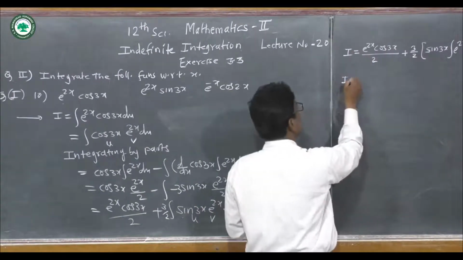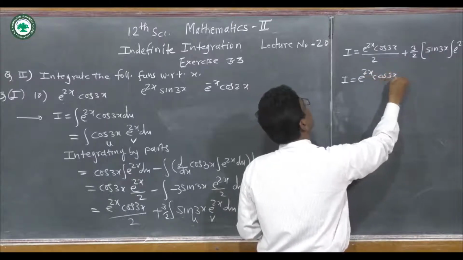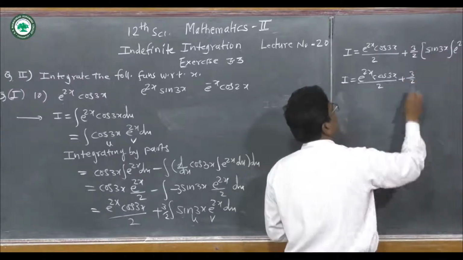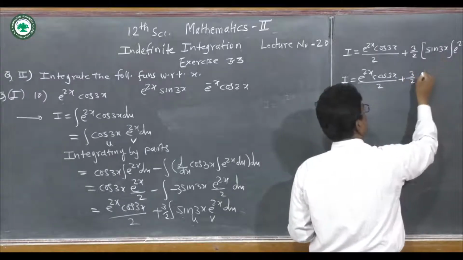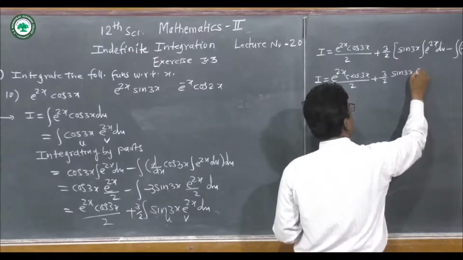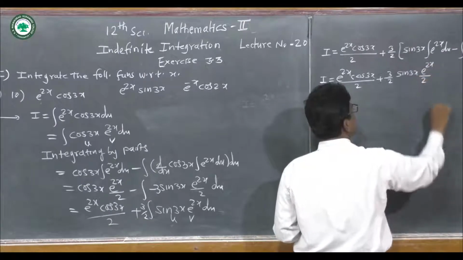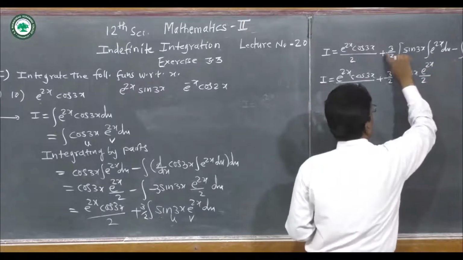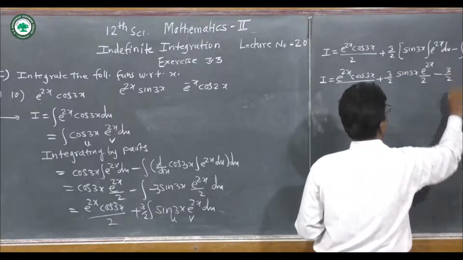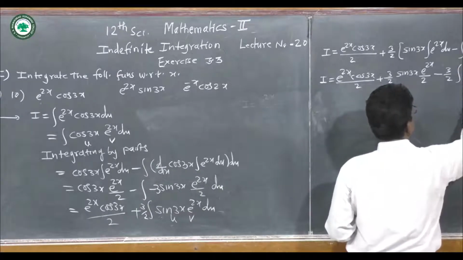So I is equal to e to the power 2x into cos of 3x divided by 2 plus 3 by 2 into sine of 3x as it is, and integration of e to the power 2x is e to the power 2x divided by derivative of 2x, that is 2. Here this is minus, and into 3 by 2, and here integration of sin x is cos x.